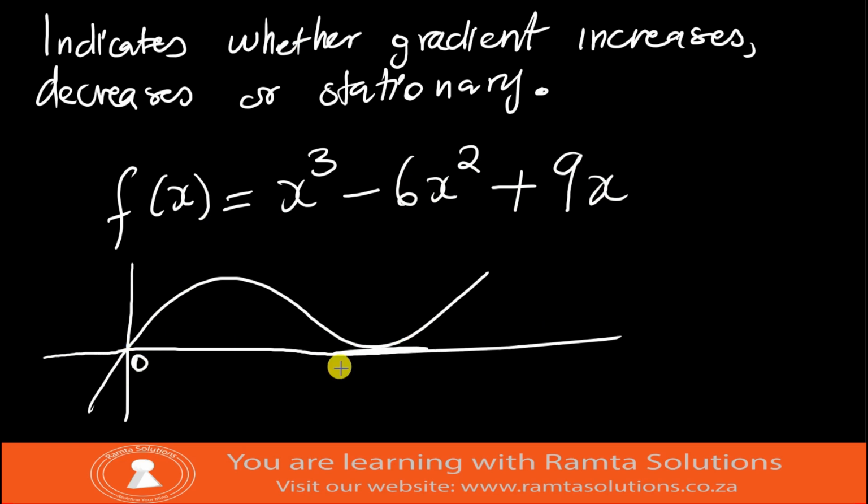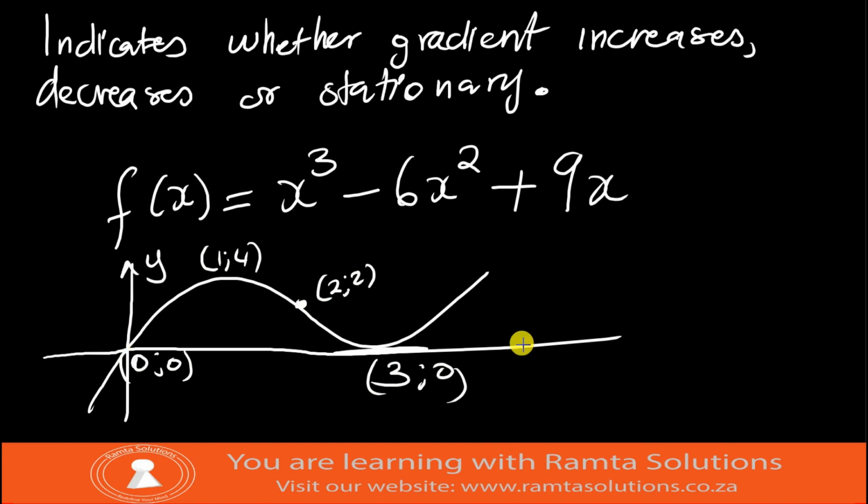So this was 0, this was 3, this was 1 and 4, and there was a point of inflection at 2 and 2. Let me say this is 3 and 0, and this is 0 and 0. So this is what the cubic graph looked like.